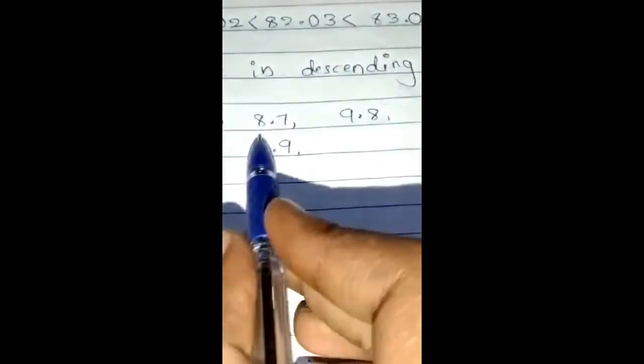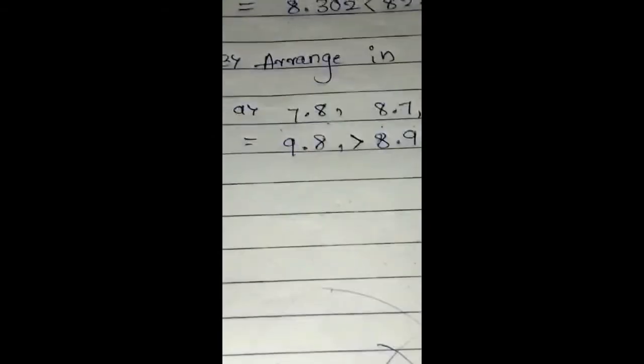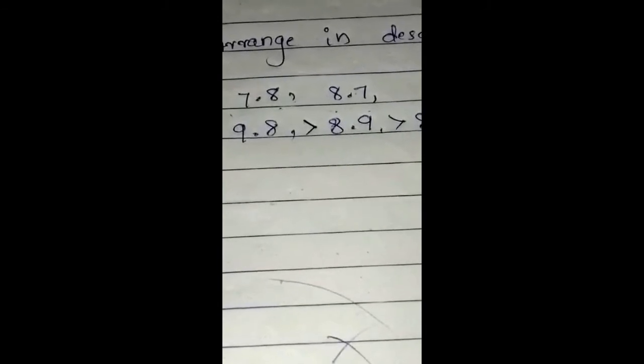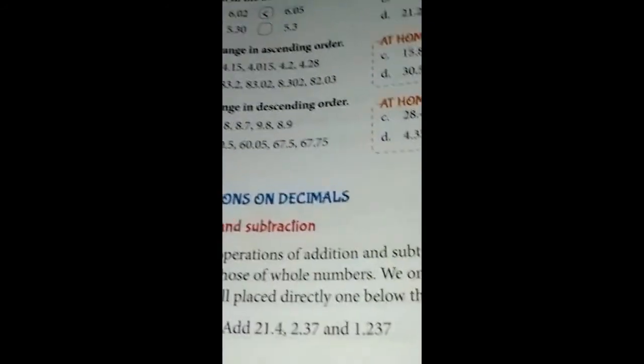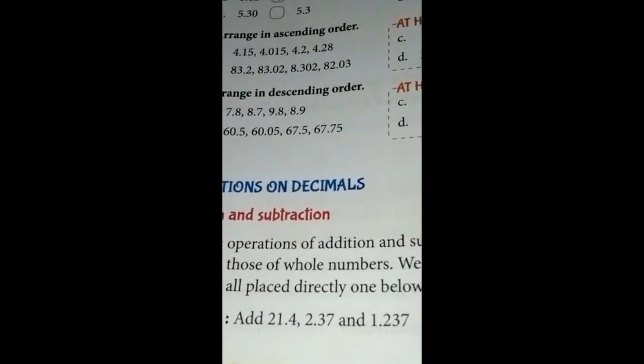Next is 8.7. Place the greater than mark here. Next is 8.7, and here remains only one decimal number, which is 7.8. Understand? Forming numbers from greater to smaller. So students, in the third exercise we solved only the first one. You have to solve B, C, D exercises as your homework in your maths notebook and send it on WhatsApp. Thank you.